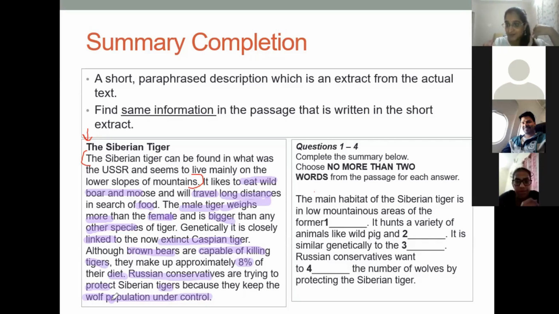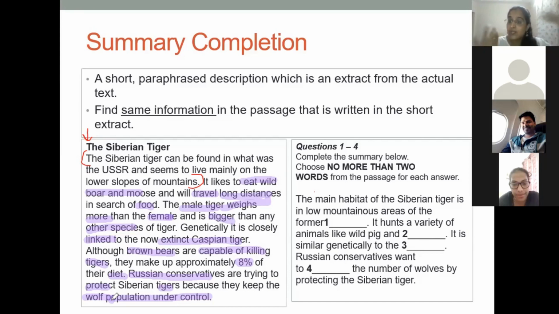Eat, because they're talking about the Siberian tiger, travel long distances, food, the difference in the weight of male and female tiger or any other tiger species, because I've just picked up keywords and highlighted them. Linked to extinct Caspian tiger, brown bears can kill tigers, 8% of diet.